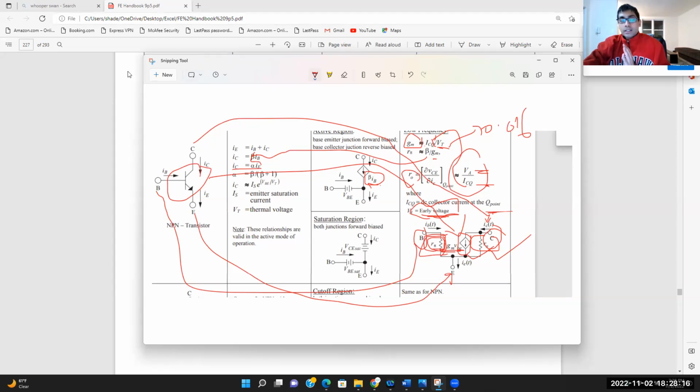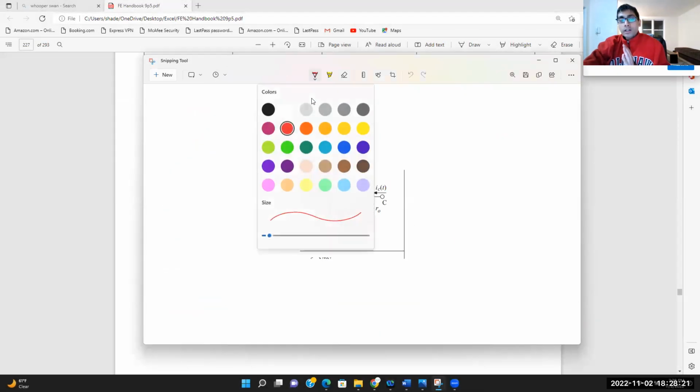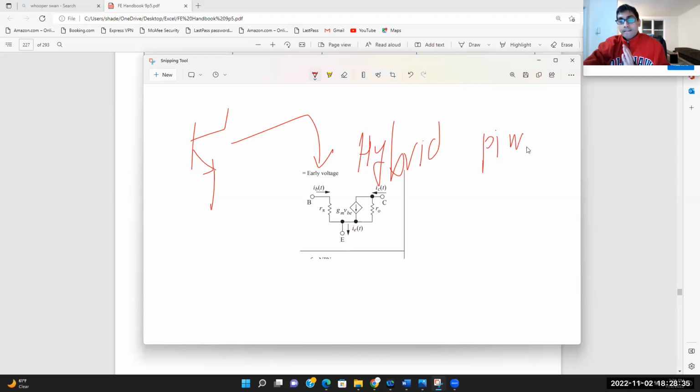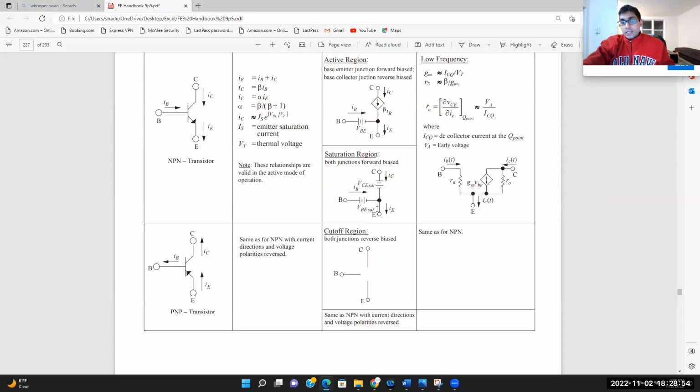You have to convert it into a hybrid pi model. Once you do that, you would be able to figure out these parameters from the three equations that we just discussed earlier.